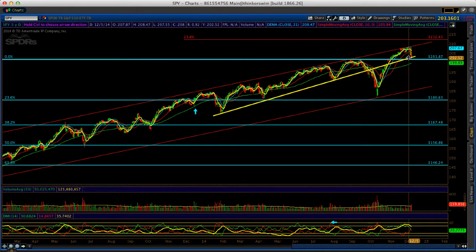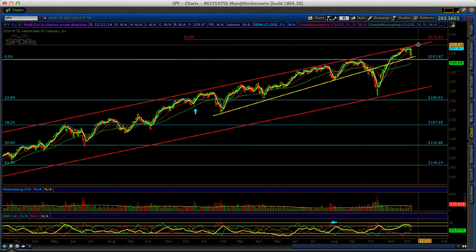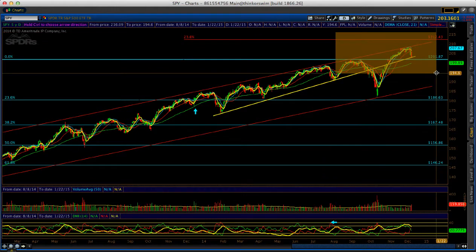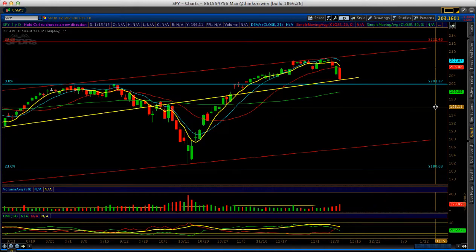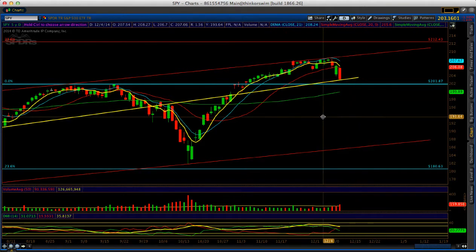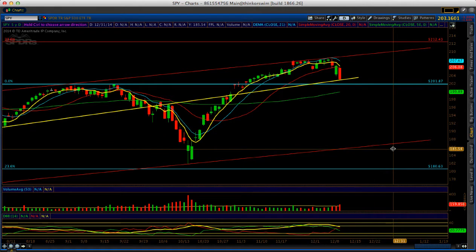So I think that's a probability that might happen. Keep in mind that if we bounce from the 50, it might go to the top again. Or if we break down this major Fibonacci support 201.87 and the 50 doesn't hold, we might go down really fast. So those are the two possibilities, the two scenarios.